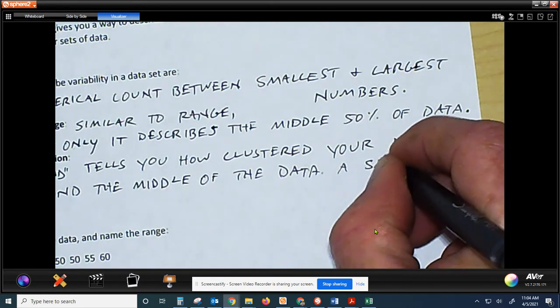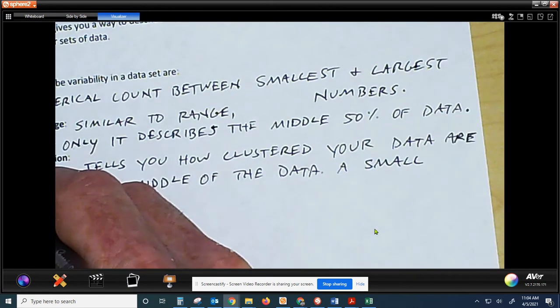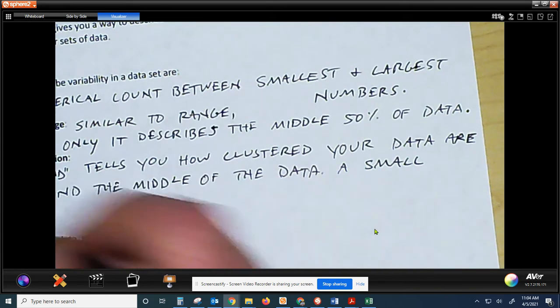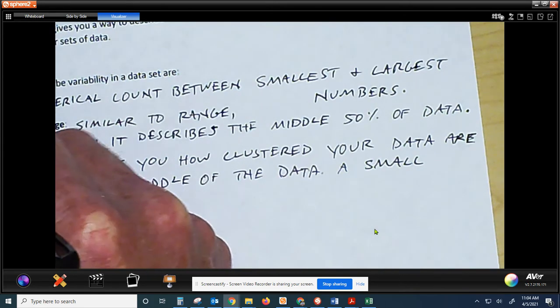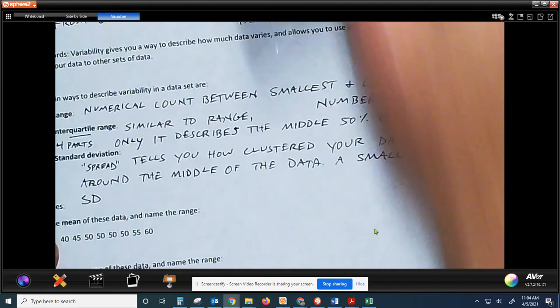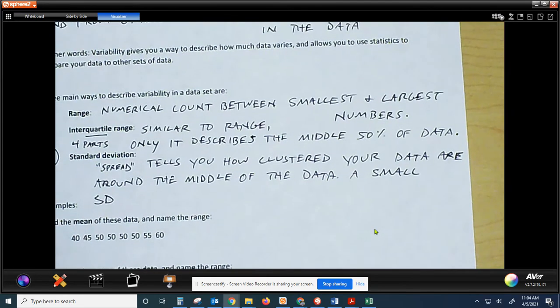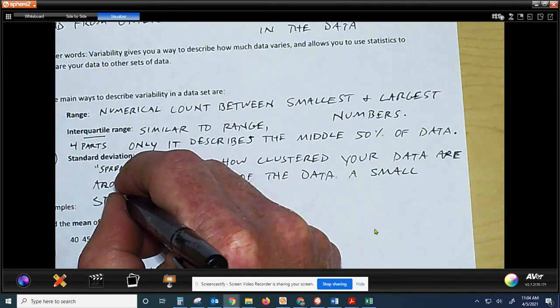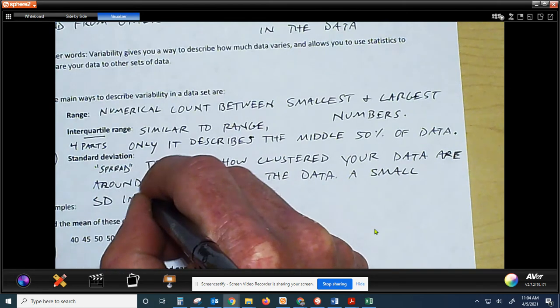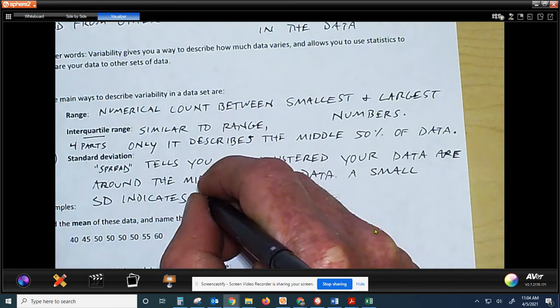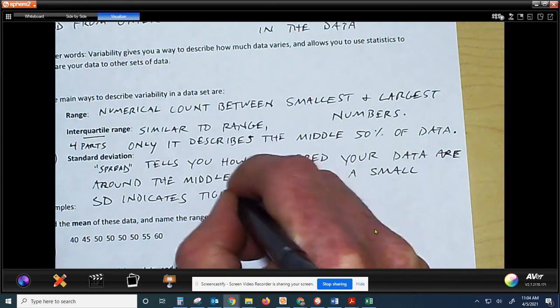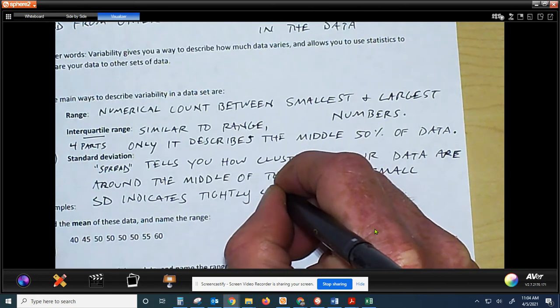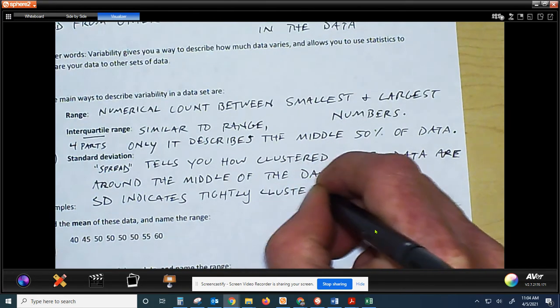A small standard deviation, I'm just going to put SD and call this SD out in the margin. A small SD indicates tightly clustered data. The smaller the better.